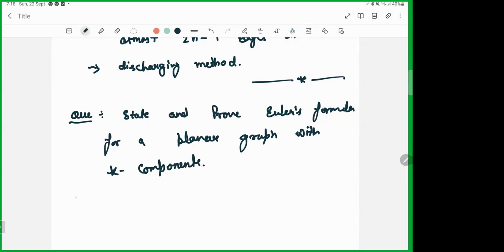Can you think of something or suggest? For connected graphs, we have v minus e plus f equals 2. So can you think of something for higher, for k components?